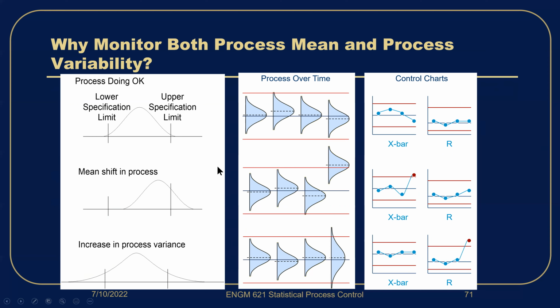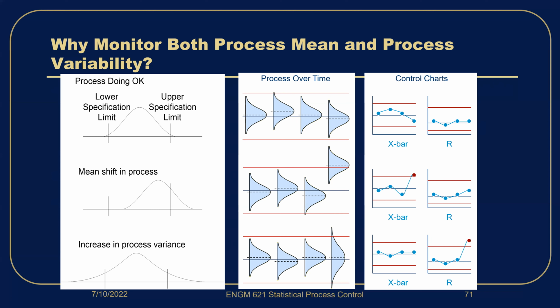But if there is a mean shift in the process, we can observe that the mean jumps here and there, but the spread seems stable. And if there is an increase in process variance, although the mean stays stable, the distribution becomes wider.